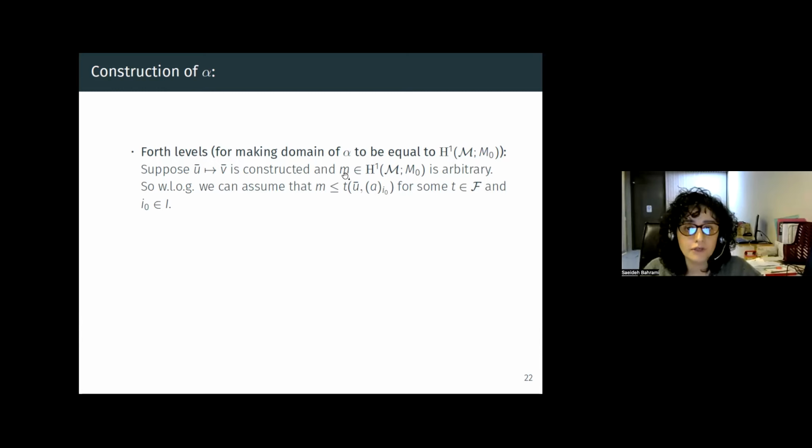Here the point is that we are working in H1 of M and M0 instead of M, because any element in here has an upper bound by a sigma 1 definable term, such that m is less than t of u and an element in M0.